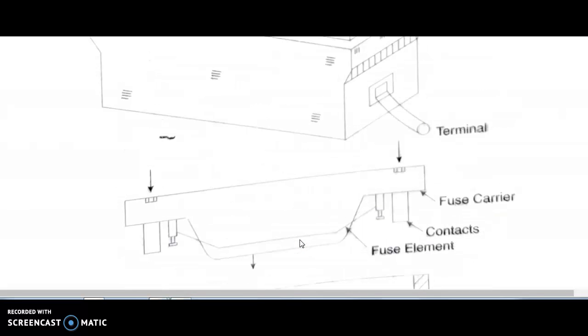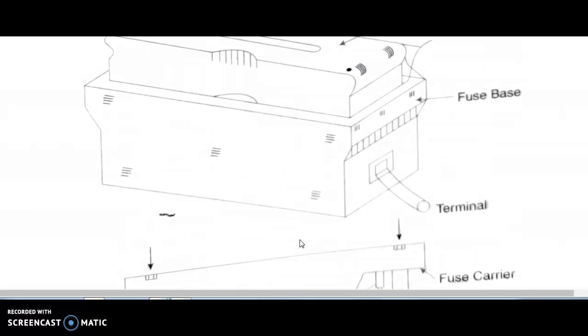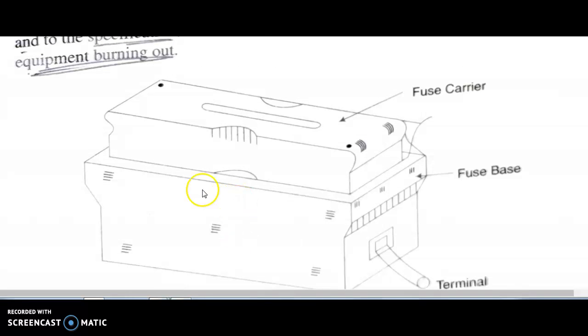The fuse wire is fitted on a porcelain carrier, which is fitted in the porcelain base. Whenever the fuse wire blows up due to overload or short circuit, the fuse carrier can be pulled out, a new wire can be replaced and service can be restored.